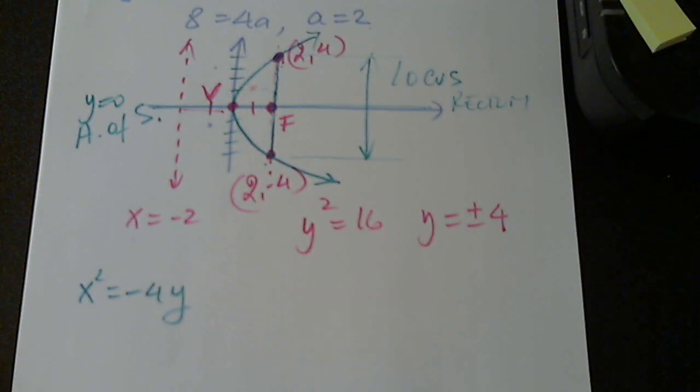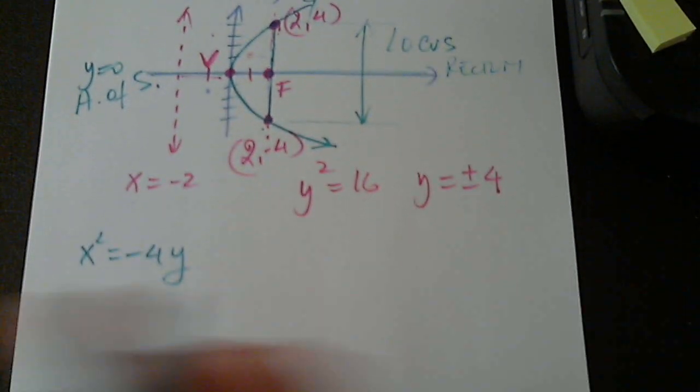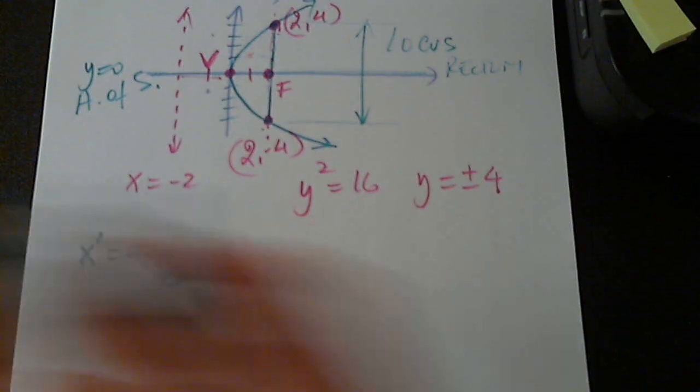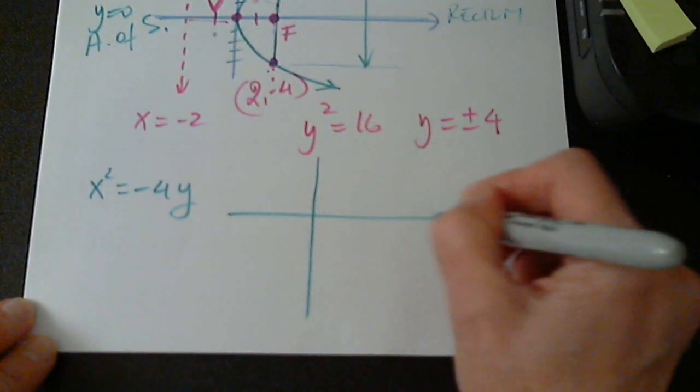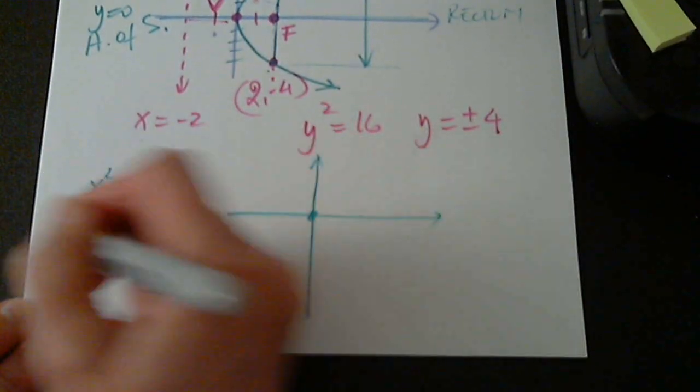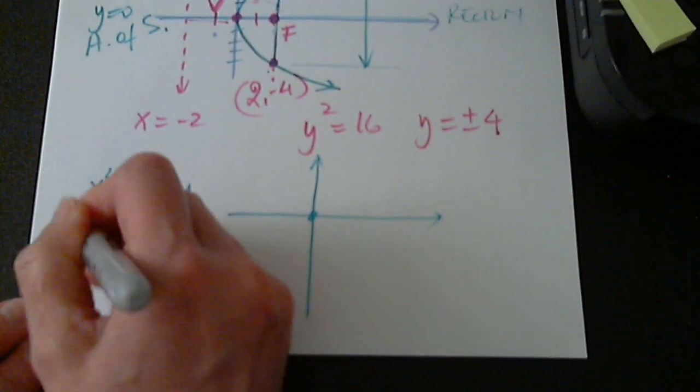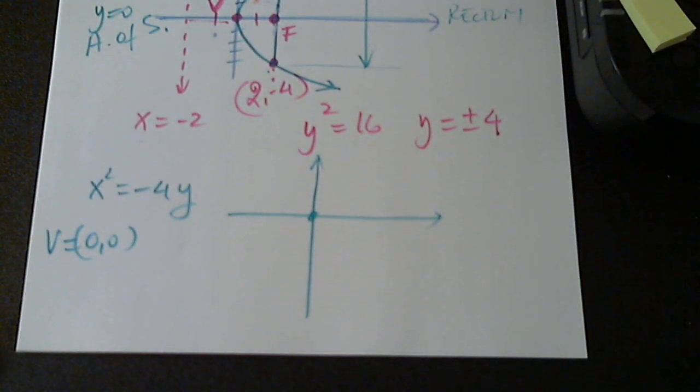Okay, so again, the question is asking us to determine the vertex, the focus, the directrix, and then graph the parabola. Okay? Good. So the vertex, I didn't mean to write the equal symbol.